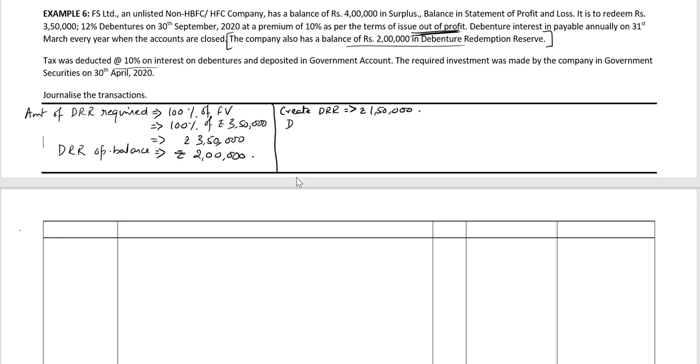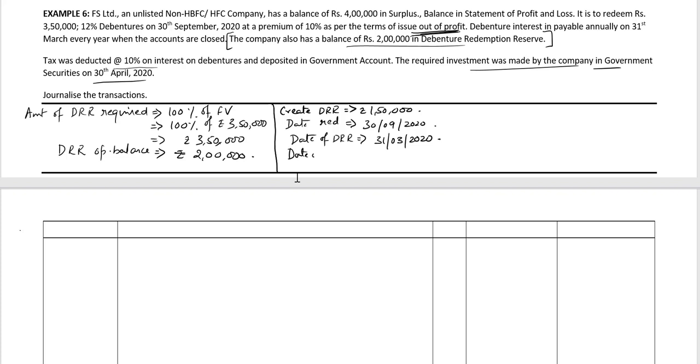The date of the redemption is 30th September 2020. So the date of DRR creation will be 31st March 2020. It says that the company made the required investment in government securities on 30th April 2020.